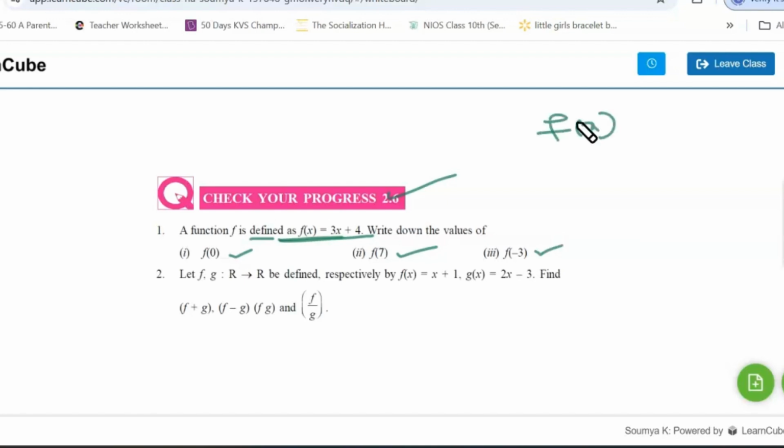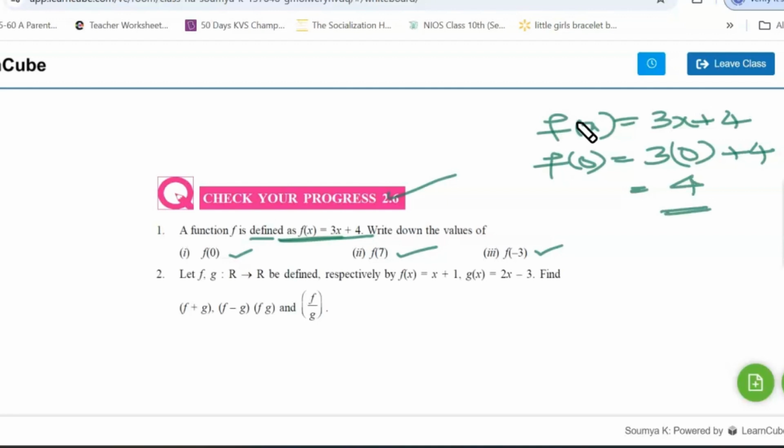So f of x is given as 3x plus 4. First you have to find f of 0. In that case, you substitute 0 instead of x. So 3 into 0 plus 4. It becomes 0 automatically, and here it will be 4. So 4 is the solution of the first question. Hope you can do the other questions also using the same method.